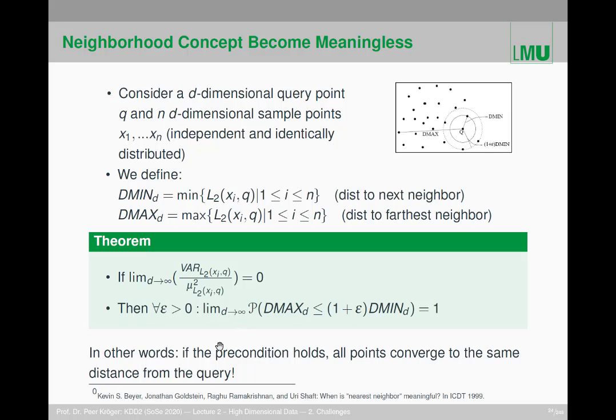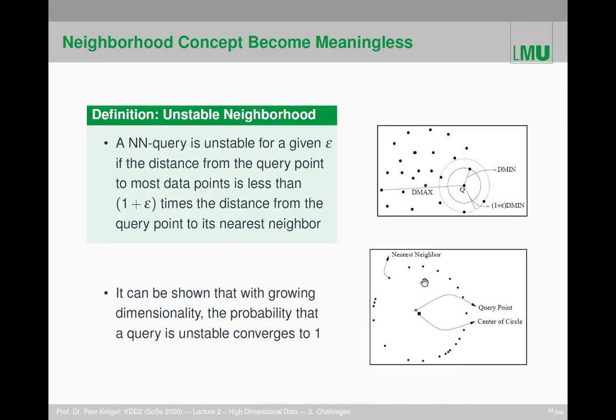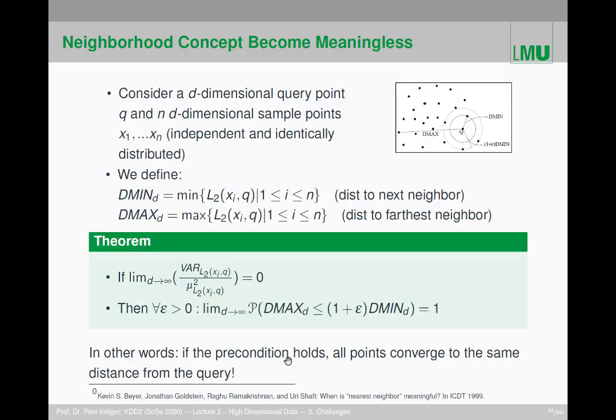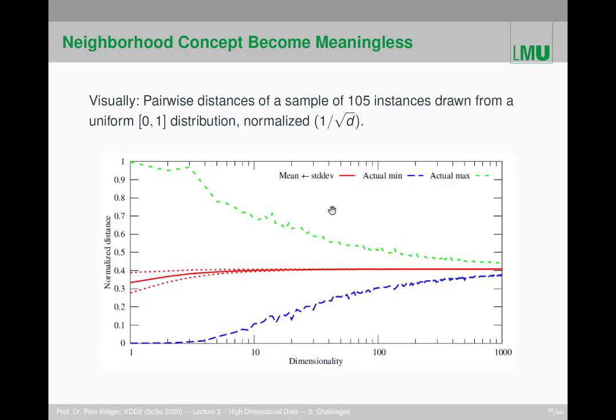So if the precondition holds, all points converge to the same distance from the query, more or less like in this example here. And that holds true for any high dimensional data set.